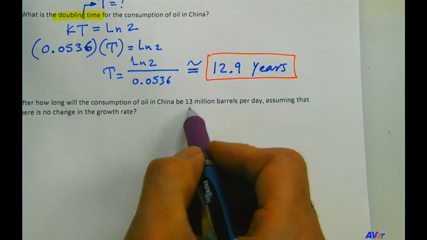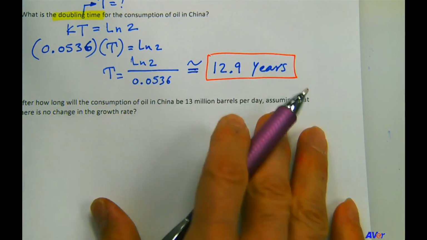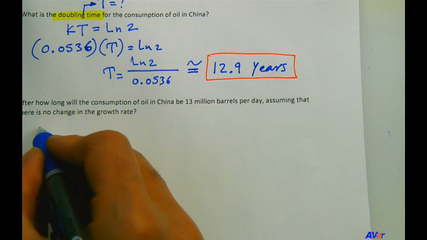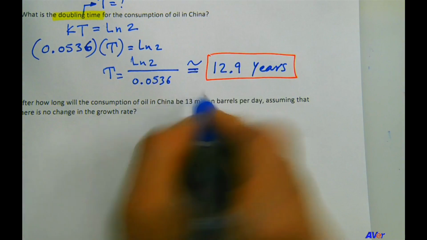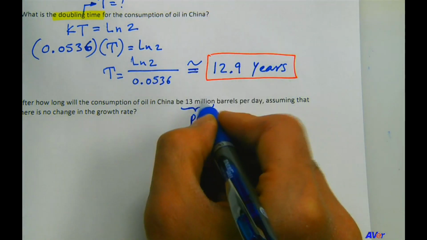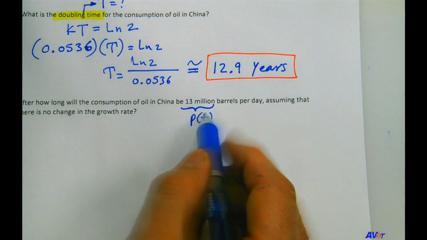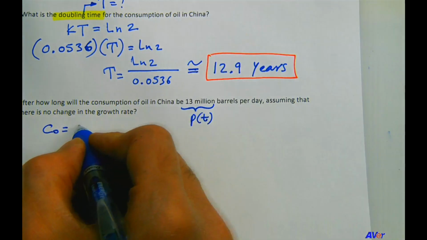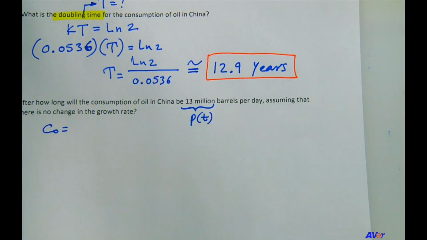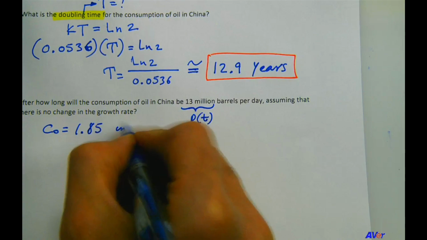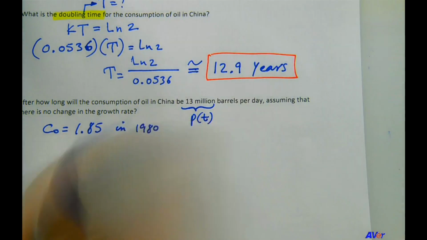But this is saying, in this case, they're asking when P of T is 13 million, how long will it take? Because we know that the initial oil consumption in 1980 was how much? 1.85, right? 1.85 in 1980.